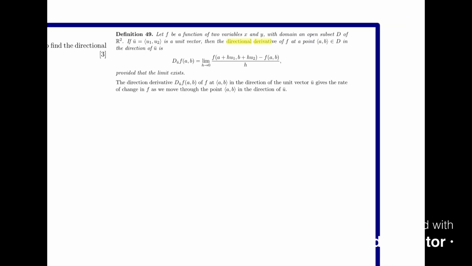For question 3, we are asked to work out the directional derivative of a function at a point in the direction of another point. So if we look at the definition of a directional derivative, we need a unit vector, and this unit vector needs to go from one point, in our case P, to another point Q. So that unit vector has to not only be in a specific direction, it has to be a unit vector.